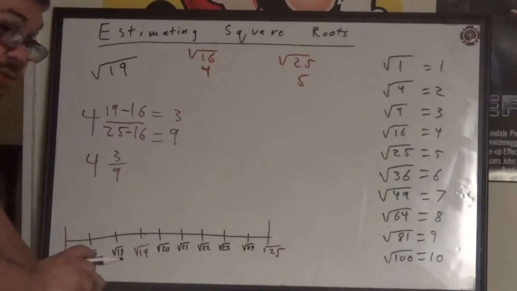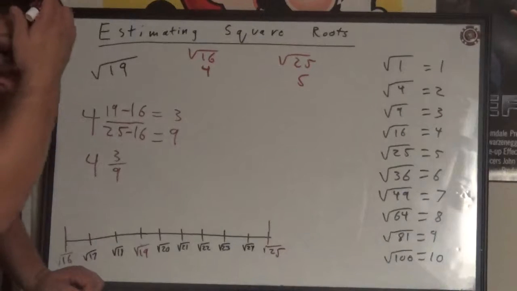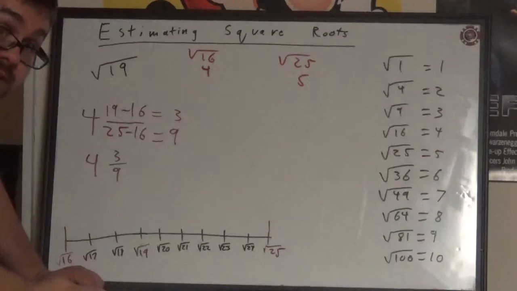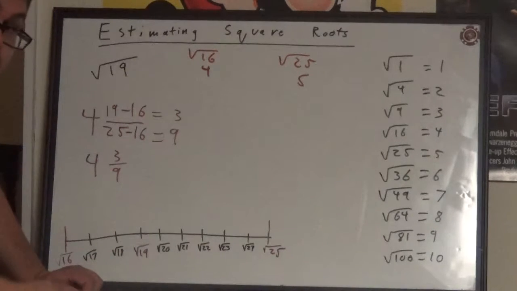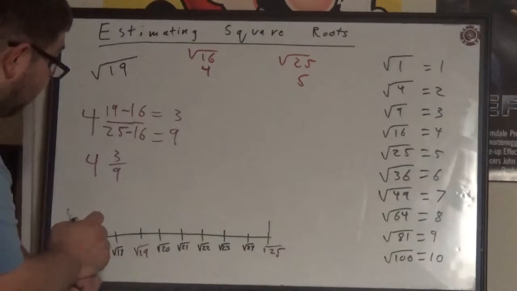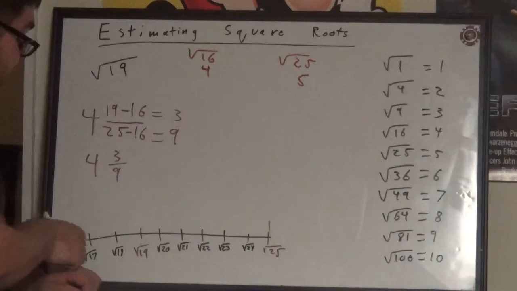Now, to check this, you could do it a couple of ways. You could put it in a calculator and see if it's close, but that won't necessarily give you the exact confirmation. You can also look at the number line.